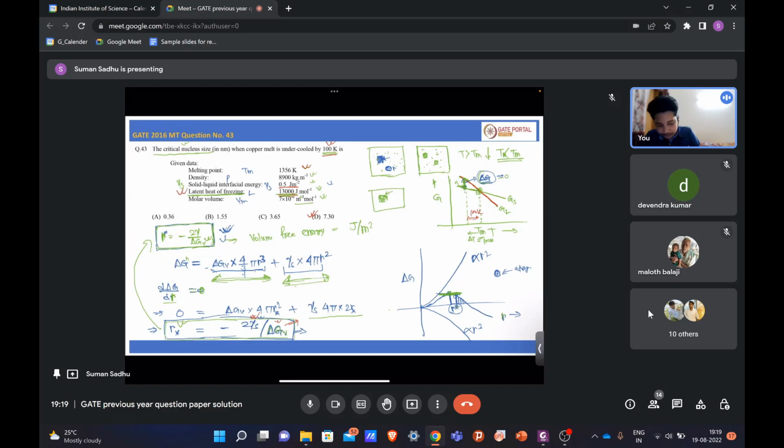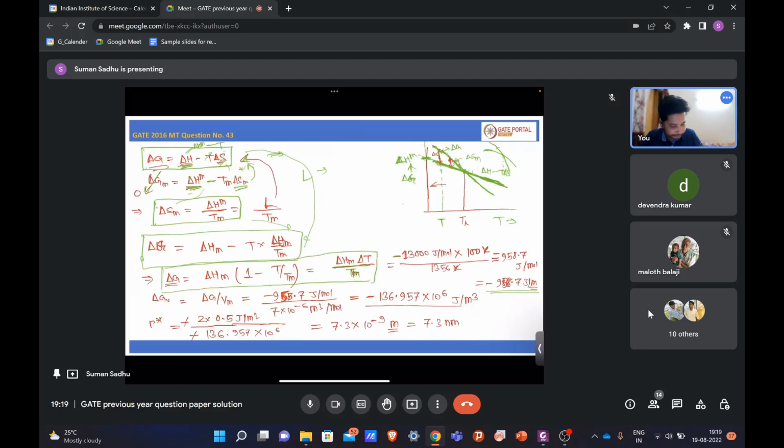Now you can see that molar volume is given. So, the delta G we have calculated is 958.7. We will find delta GV as delta G by Vm. You have to divide it by the molar volume. If you divide by molar volume, you will get delta GV as minus 136.95 into 10 to the power 6.